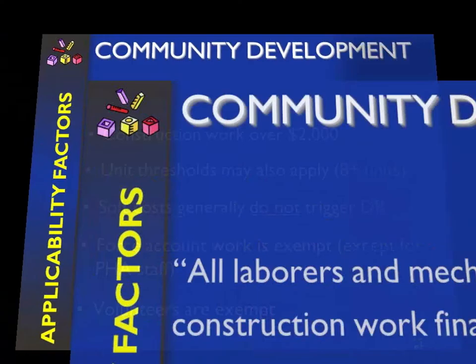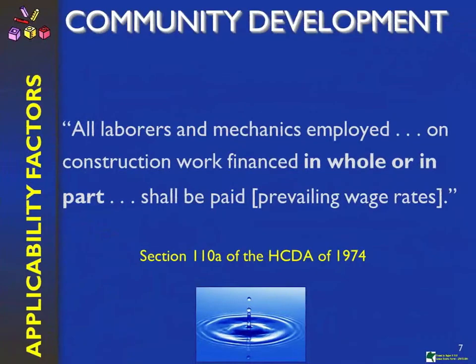Let me go back. There's a little caveat there that talks about in whole or in part. If you are awarding a contract, and it's subject to Davis-Bacon through the Housing and Community Development Act funding in whole or in part, that means CDBG funds may only be supplying a portion of that project.